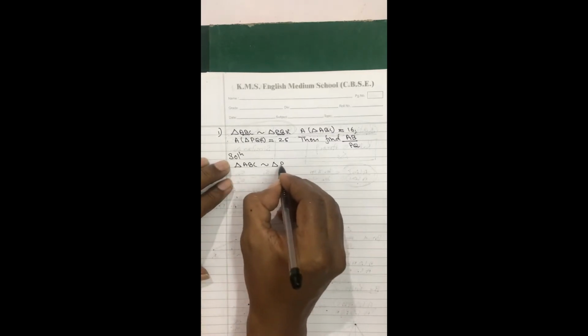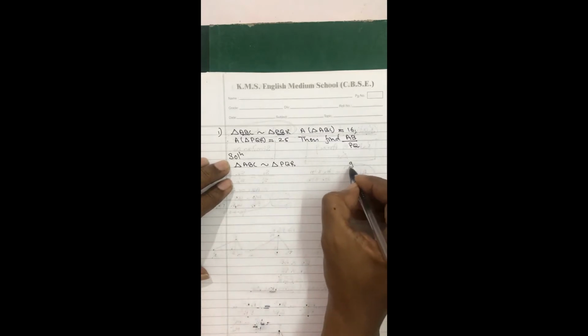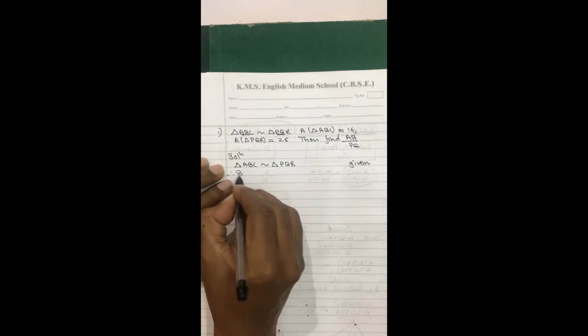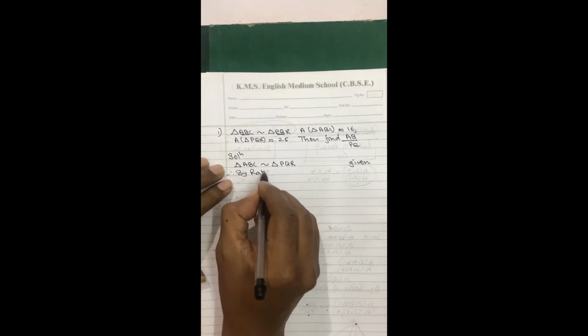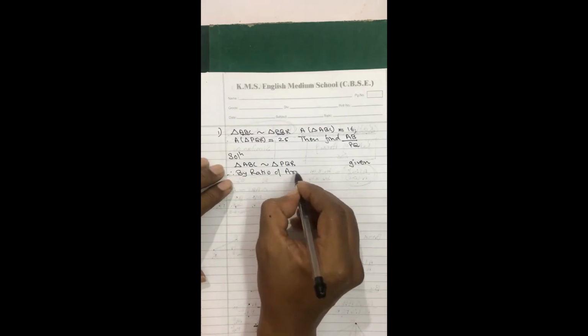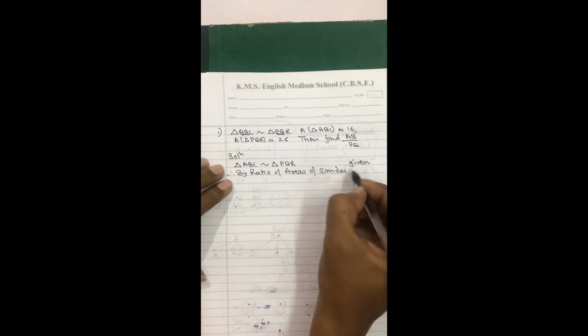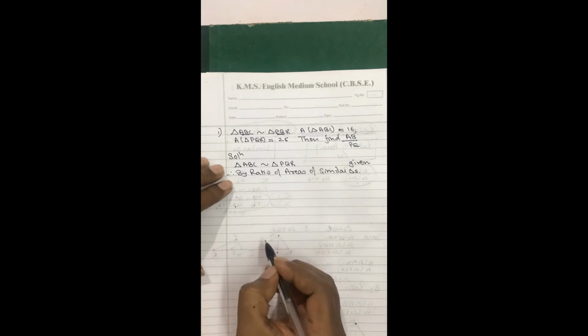Basically here, when you solve this, of course, I am starting with the solution. They have given triangle ABC is similar to triangle PQR. Therefore, by the ratio of areas of similar triangles, what will you have? Of course, first we will write area of triangle 1 upon area of triangle 2.